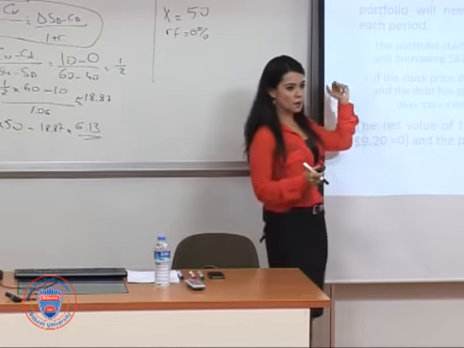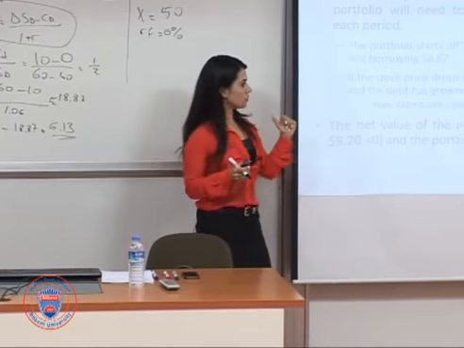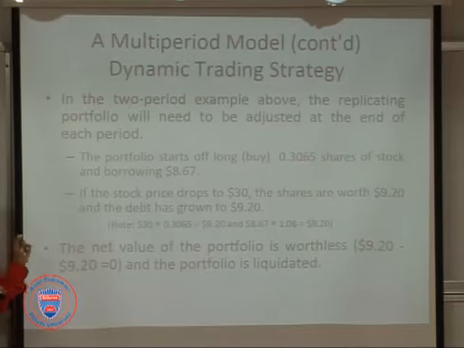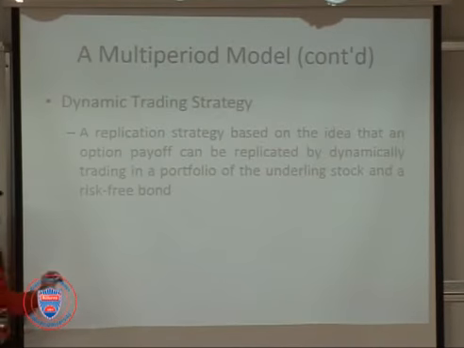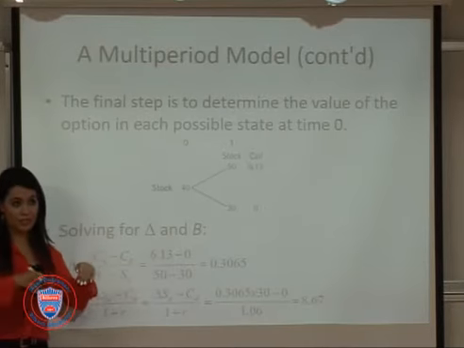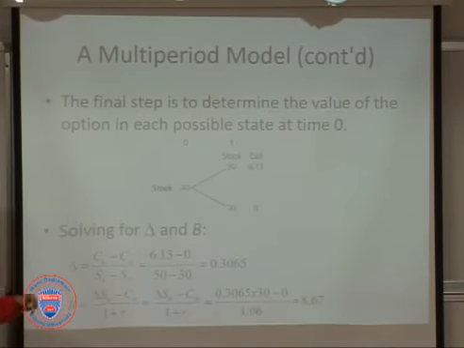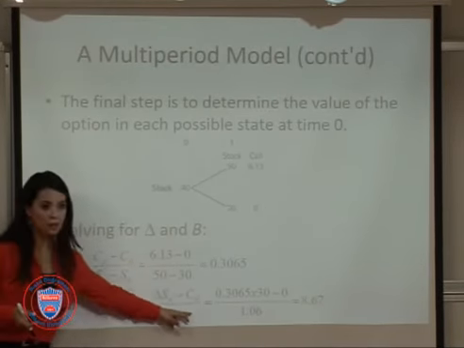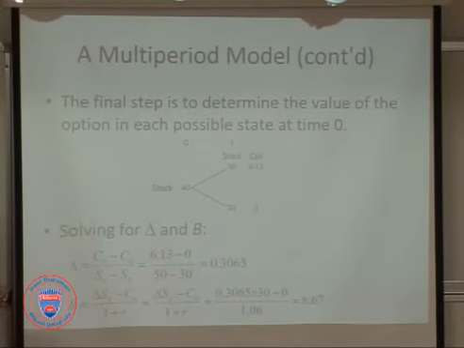So what happened is we started with a strategy where we bought 30% of a stock, which was the last thing we did, if you remember, right? So this is today's delta, okay? How many shares you need to get, and this is how much you need to borrow right now, okay?